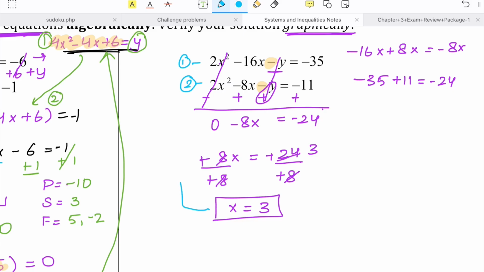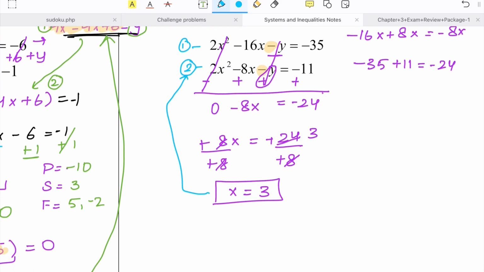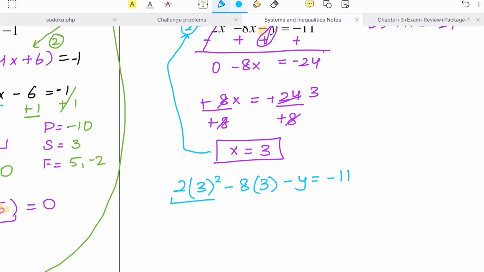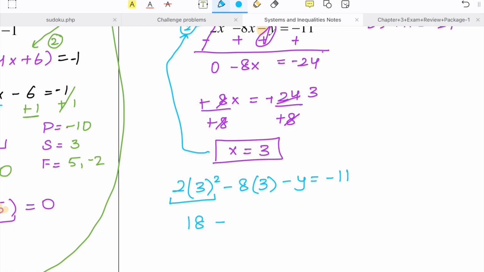So let's pick the second one. 2x squared is 3 squared minus 8 times 3 minus y is equal to negative 11. So I need to find the value of y here. 2 times 3 squared is 2 times 9, which is 18. Minus 8 times 3 is 24. Minus y is equal to negative 11.